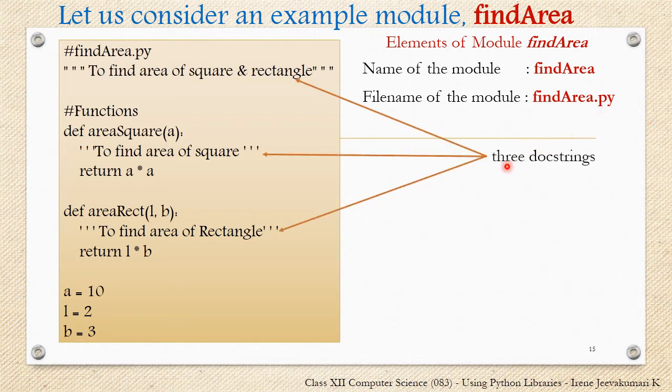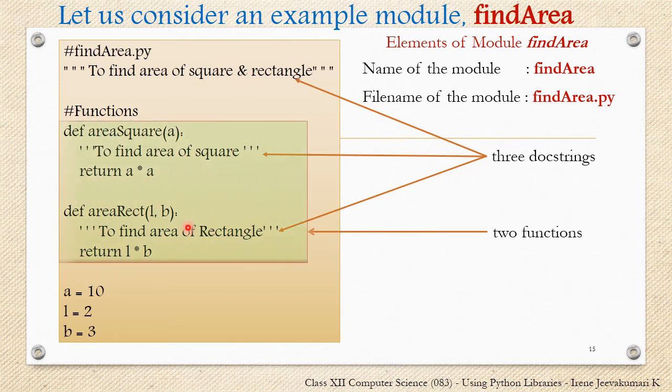And we have three docstrings. They are: to find area of square and rectangle, to find area of square, and to find area of rectangle. These three are docstrings and they are given in the beginning of the module or function itself. And we have two functions, area of square and area of rectangle, and both the functions return some value.